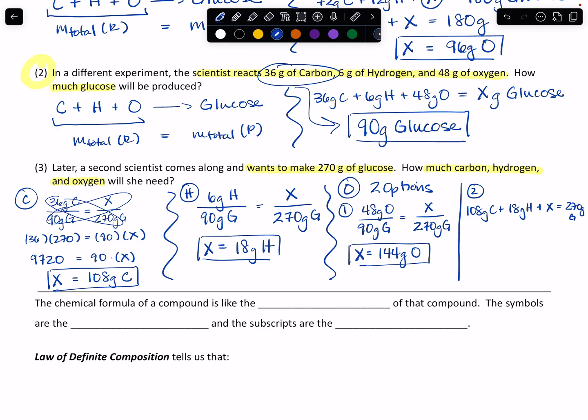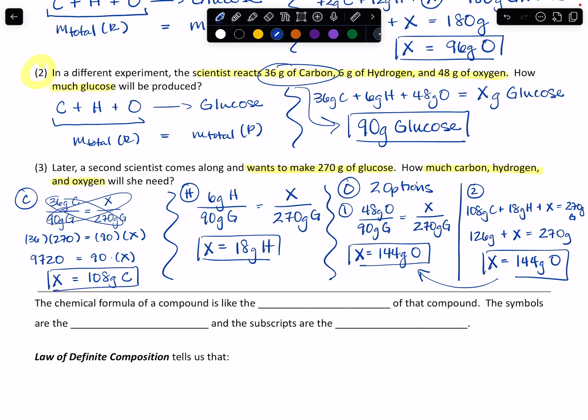So I have one unknown, that amount of oxygen. I find that I'll have 126 grams on this side plus my unknown equals 270 grams. And when I subtract from both sides, I find that the amount of oxygen that I need is shockingly 144 grams, which is exactly what I found using the ratio method. Either of those will work. It's up to you what you would like to do there.